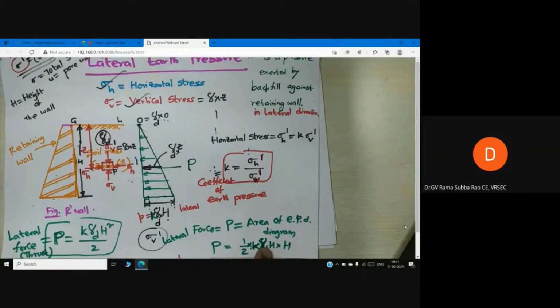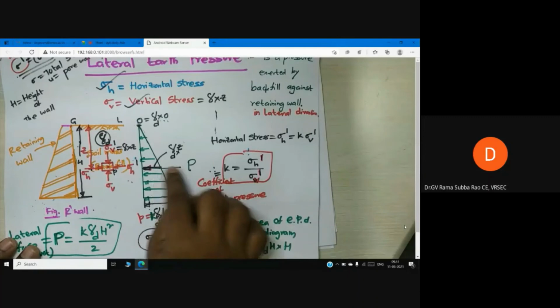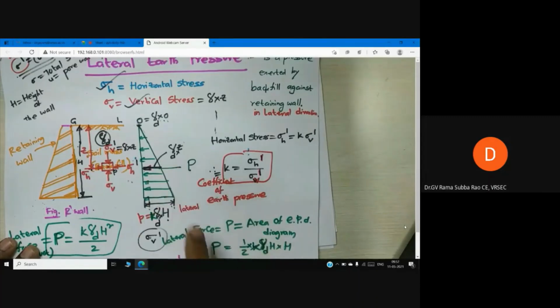So I am calculating lateral force. That's why you see P in lateral direction, horizontal direction. Someone can ask me why you are multiplying with K. Because I'm calculating lateral force. That's why I should multiply with K. What is K? Just now we discussed, sigma H prime by sigma V prime.